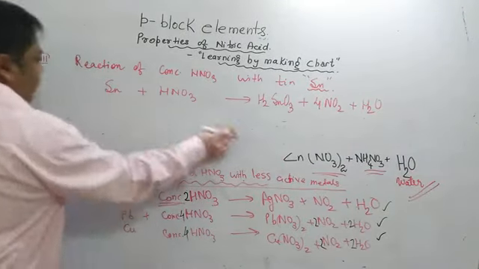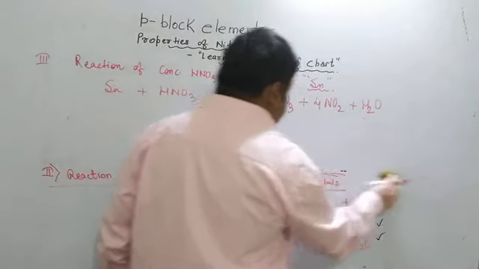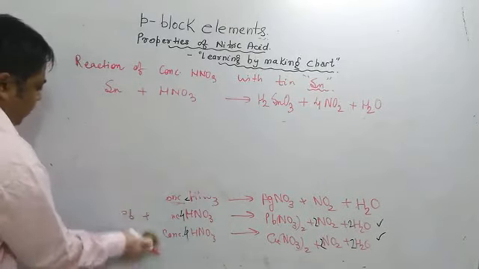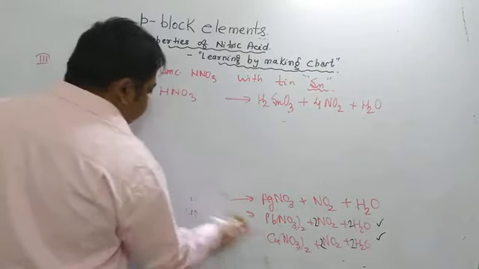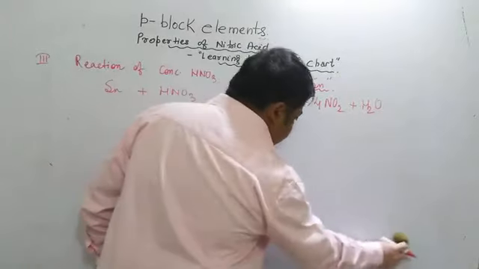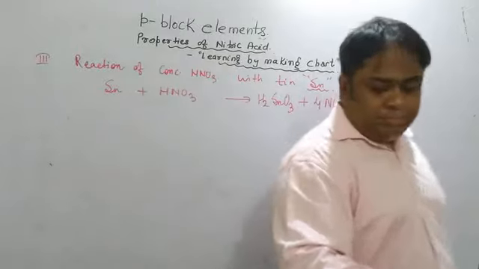Nitric acid is so reactive, so highly oxidizing in nature, that it can react with noble metals also, like platinum. It can dissolve gold even.